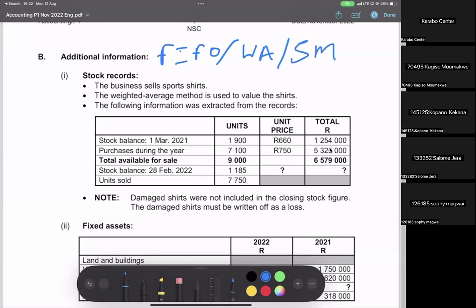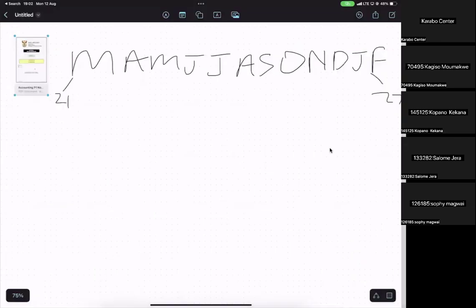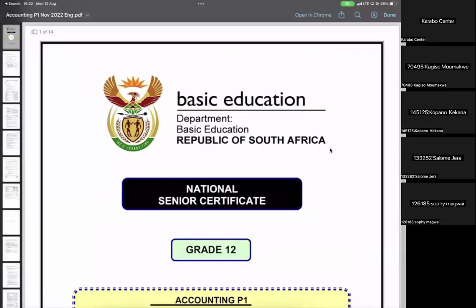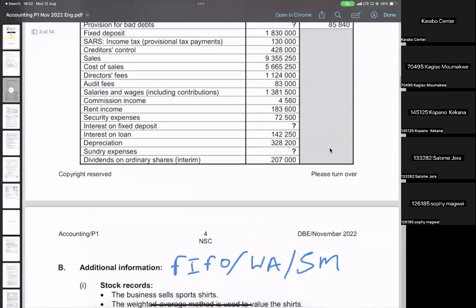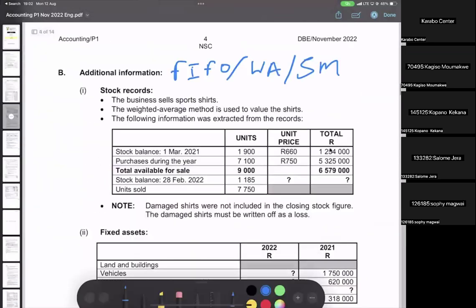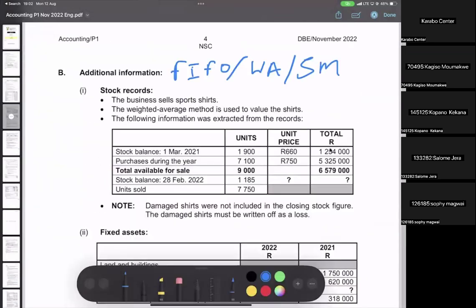In this case, they only asked us about weighted average. So how do we do weighted average? This is how you do weighted average. They said this business uses weighted average to value their stock.